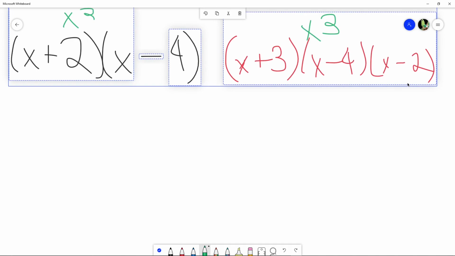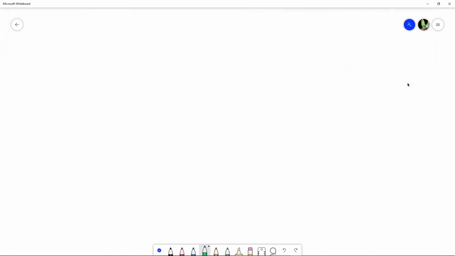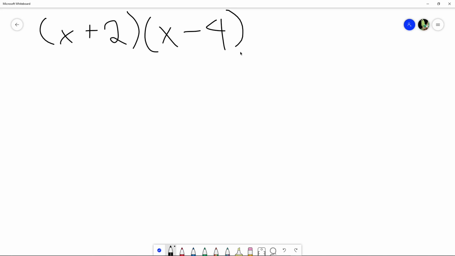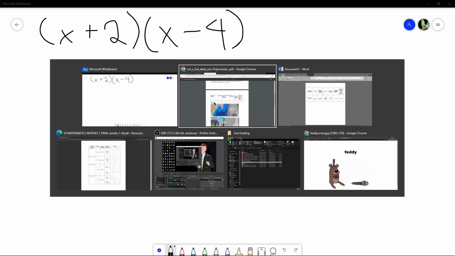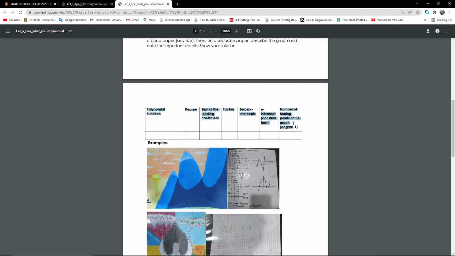X plus 2, x minus 4. Alright. So from this point onwards, we're going to convert these into a polynomial function. Remember, we're going to use this table right here.